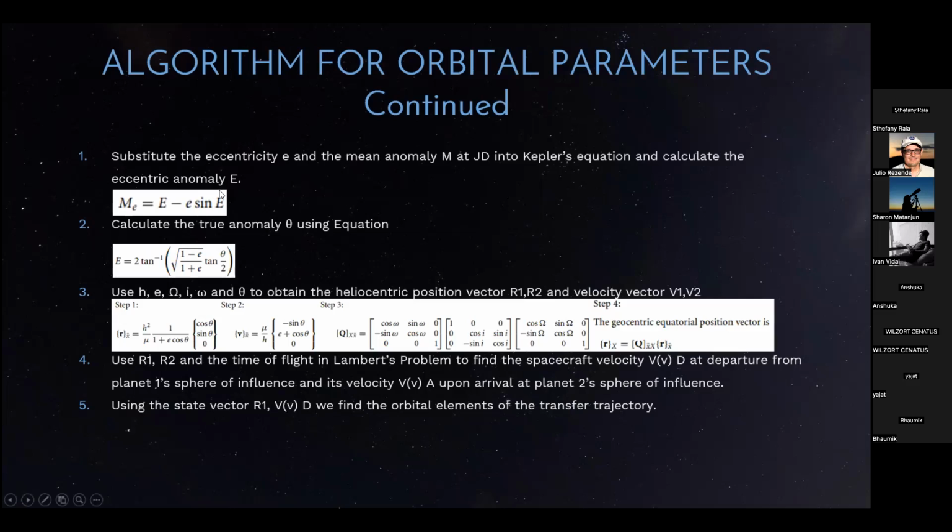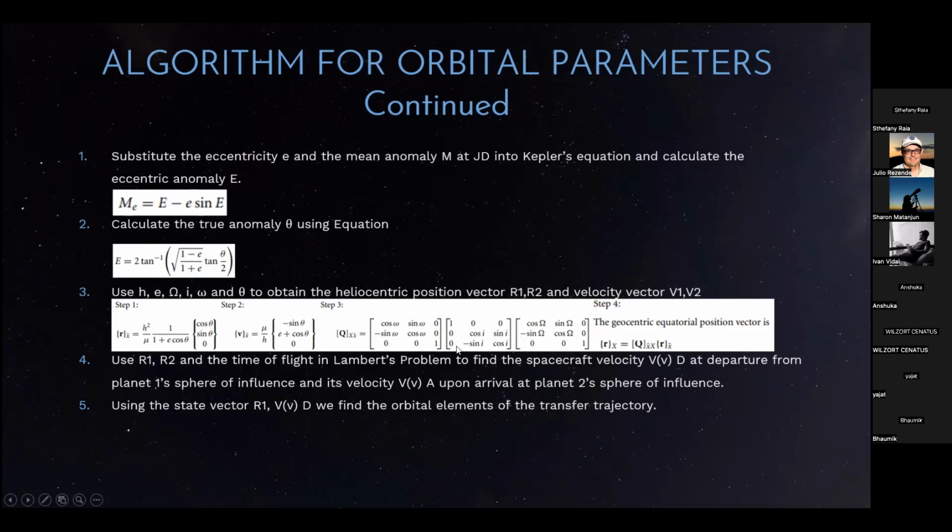After that, we use Kepler's equation, which is M equals E minus e sine E, for calculating the eccentric anomaly, that is the capital E. And after that, we calculate the true anomaly theta of any celestial body using this equation. After we have calculated the true anomaly, we calculate state vectors of any planet like Earth or Mars using these steps.